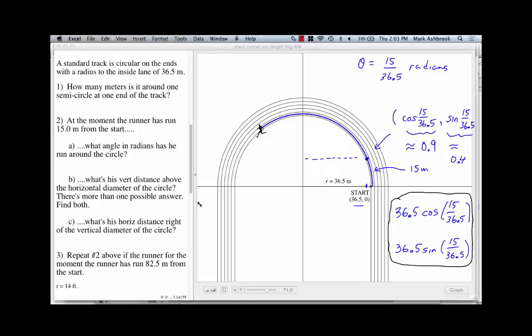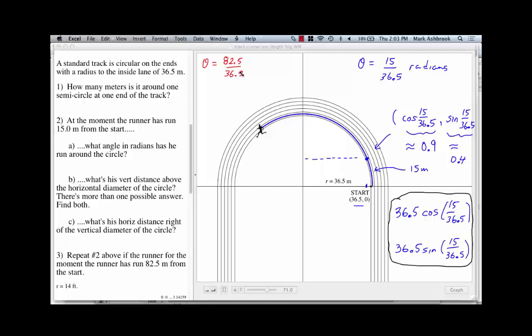I'll do this one all in red now, just so we have a difference. All right, so angle, Christian. The angle is 82.5 divided by 36.5. You tell me why that gives you the angle in radians.